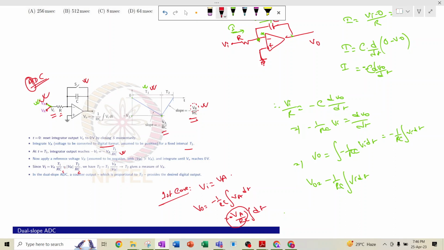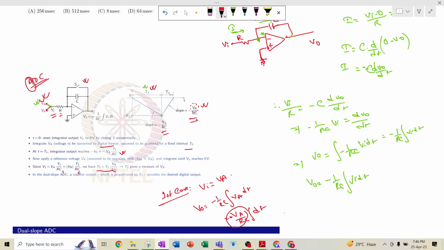So we can equate these two, and we can say t2 is basically t1 into Va by Vr. And now Vr and t1 are already fixed, because Va we have to determine and Vr is also fixed. That means t2 is a function of Va. So whatever is the Va, based on that we have the time t2.